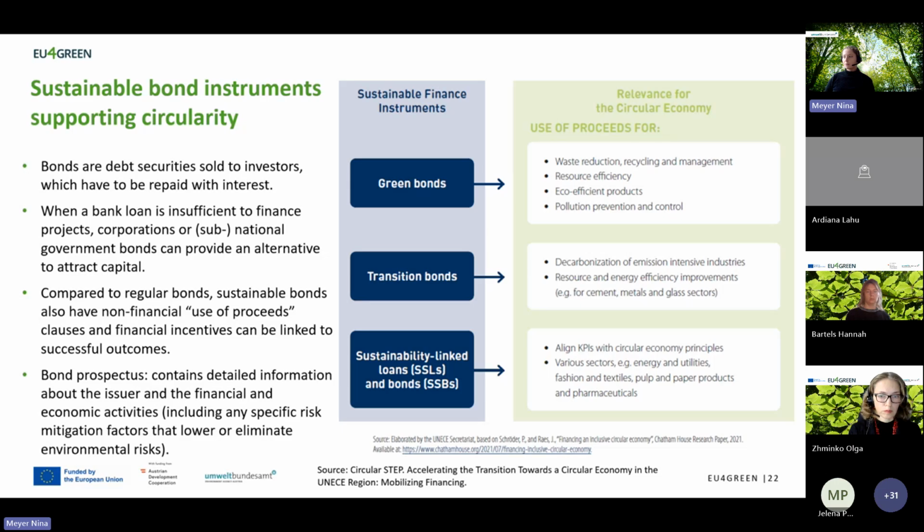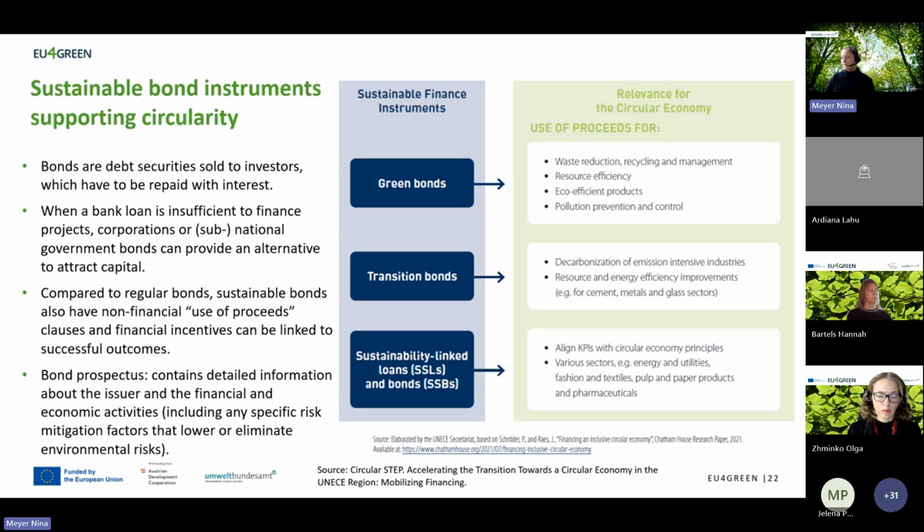Green bonds can be used for any kind of circular economy activity, so waste reduction, recycling and management, resource efficiency, eco-efficient products, pollution prevention and control. Transition bonds focus a lot on emission-intensive industries that want to transition, so basically reduce their emissions and decarbonize, for example, a cement industry.